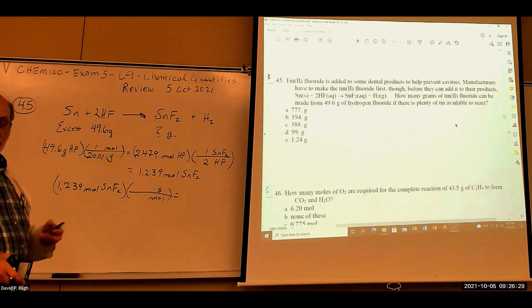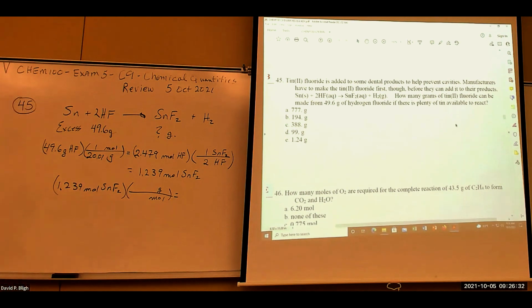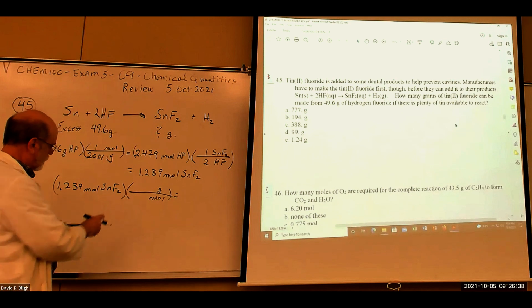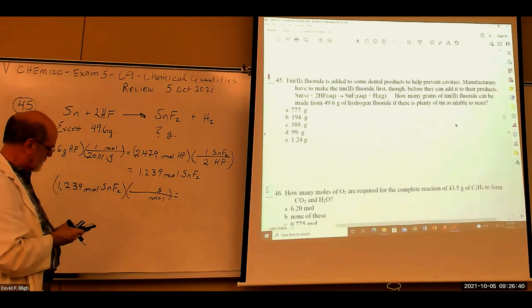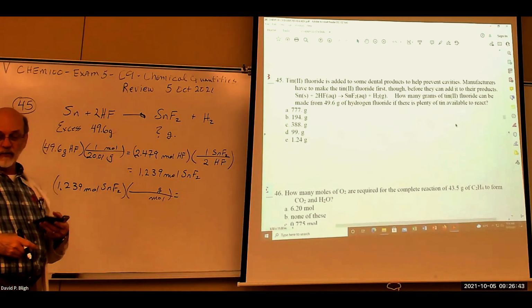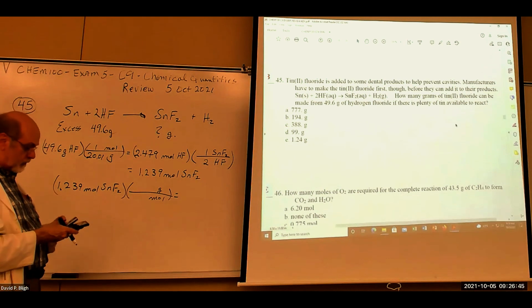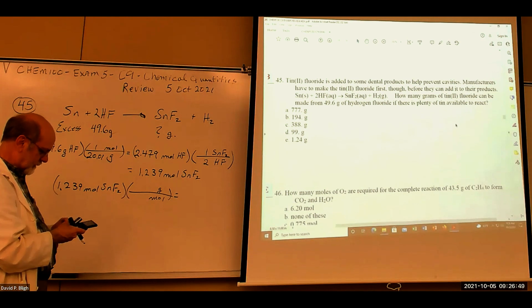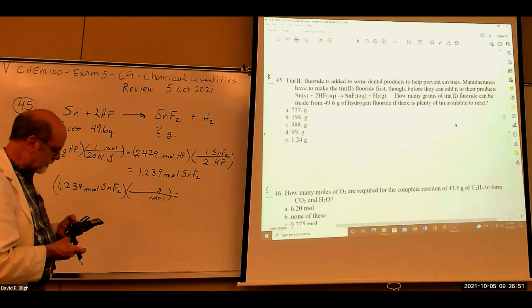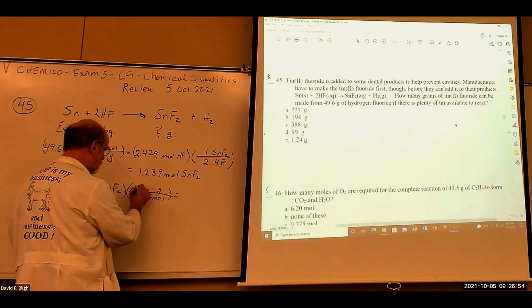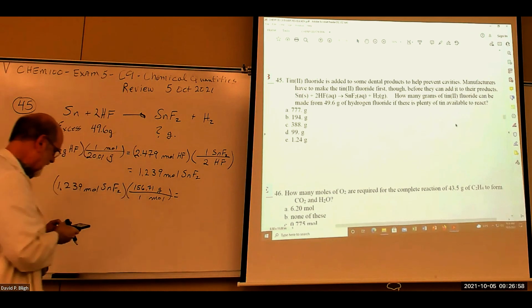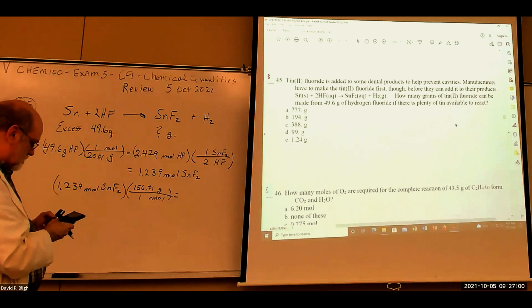So we have to say, how much does tin weigh? 118.71 for tin. And then 2 fluorines. Fluorine is 19. We just determined that one. So 2 of those is 38. That means 156.71. Okay. Times 1.239.